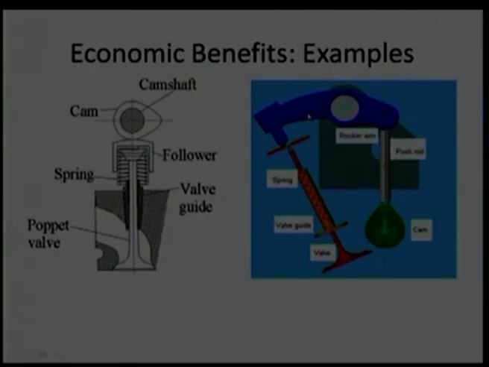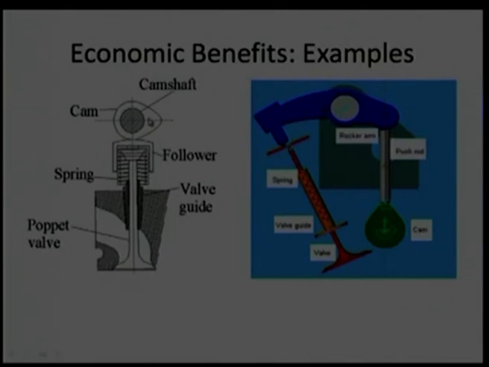We know very well, if we remove intermediate links, one is the reliability of the system is going to improve. In addition to that, a number of tribo pairs have been eliminated. So, friction loss will be reduced. However, there was one problem: how to carry lubricant from the crankcase to the camshaft.